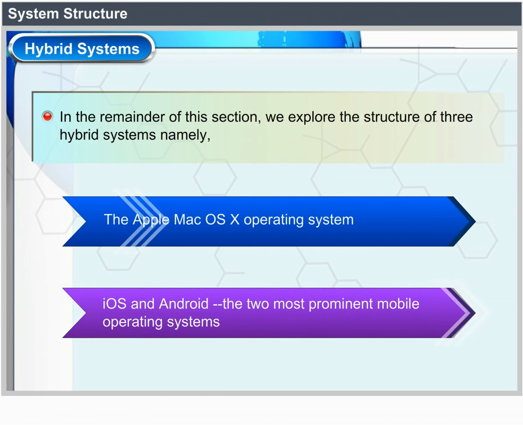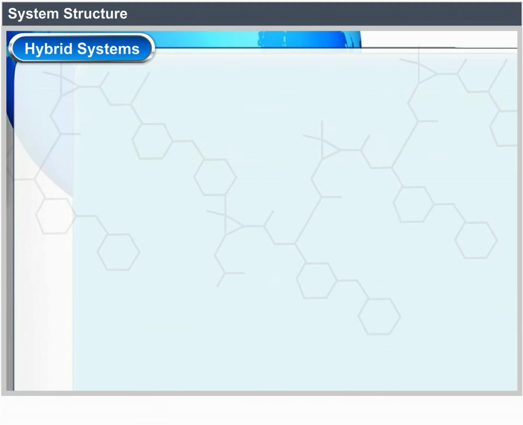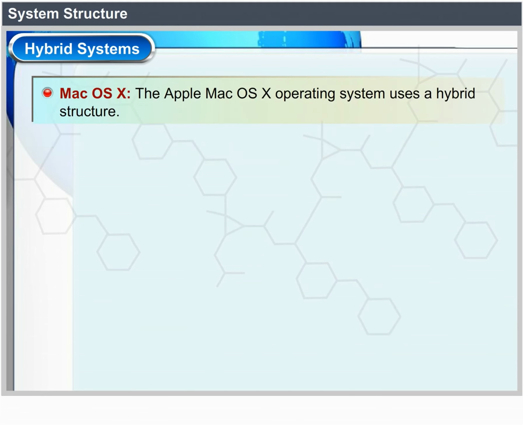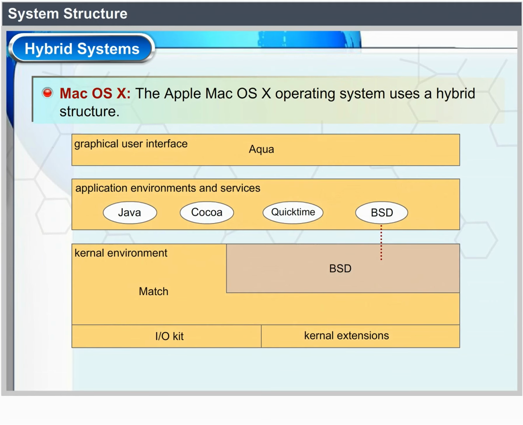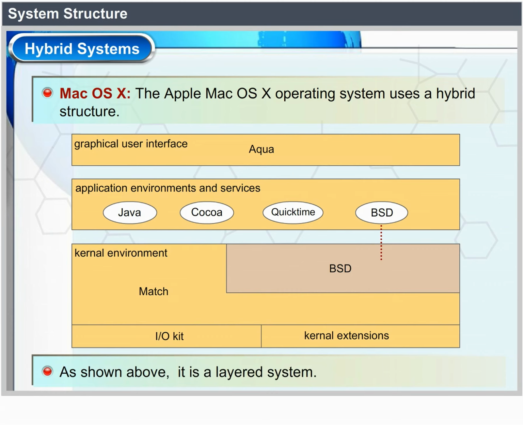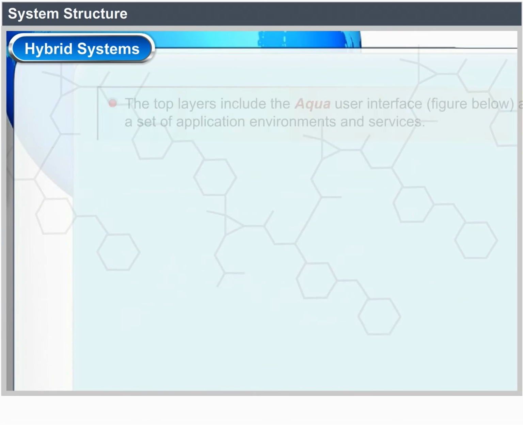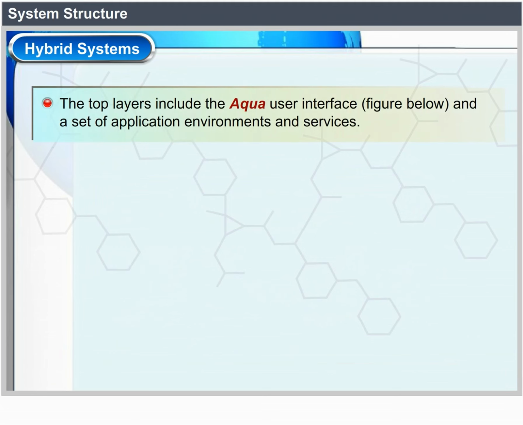Mac OS X. The Mac OS X operating system uses a hybrid structure. As shown above, it is a layered system. The top layers include the Aqua user interface, figure below, and a set of application environments and services.